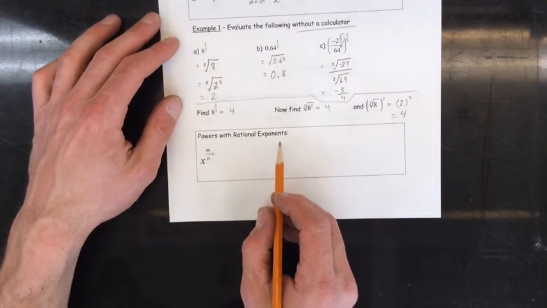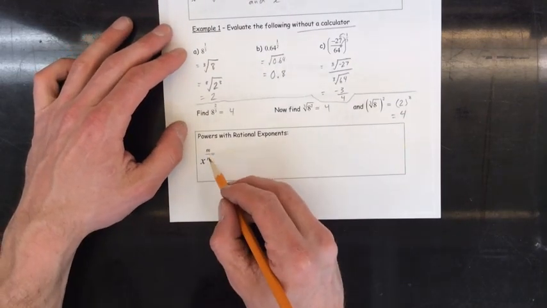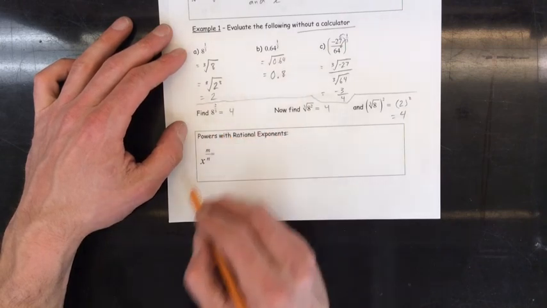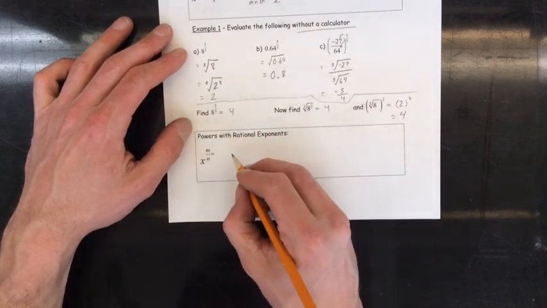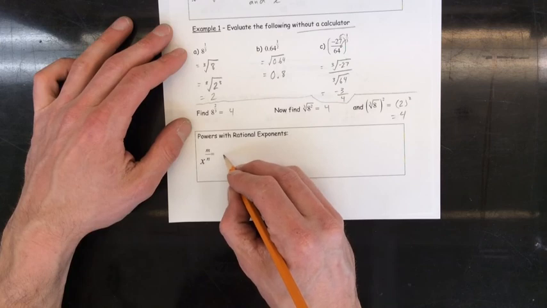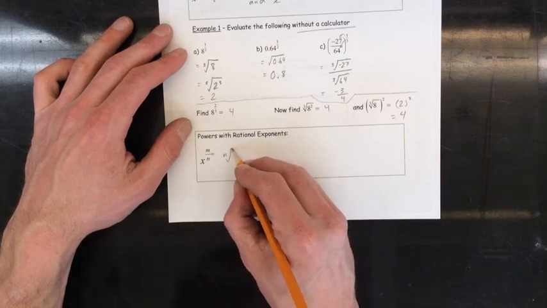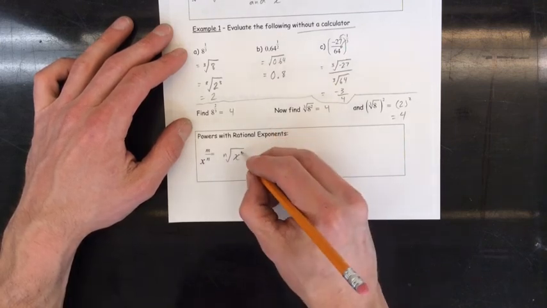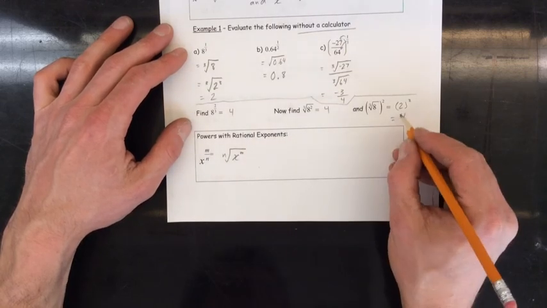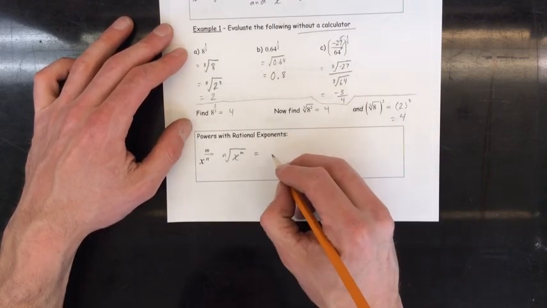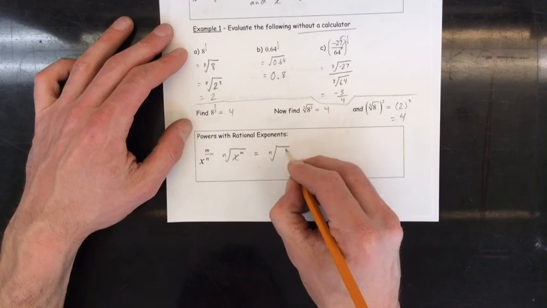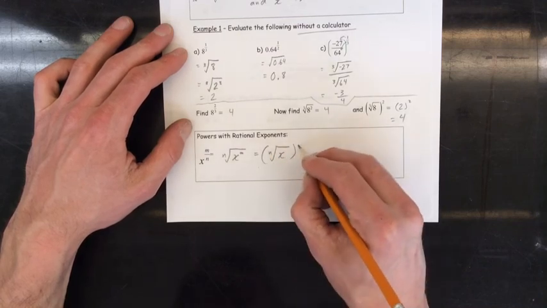So again, this is another law. x to the power of m over n, here we had 2 over 3, is like the nth root of x to the power of m, or in the third case, it's like the nth root of x all to the power of m.